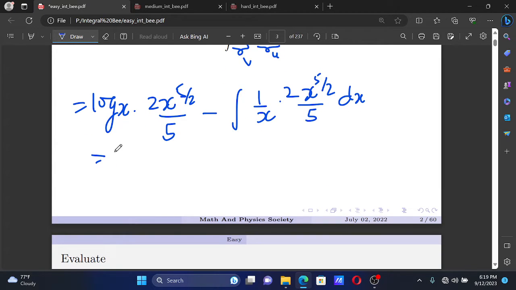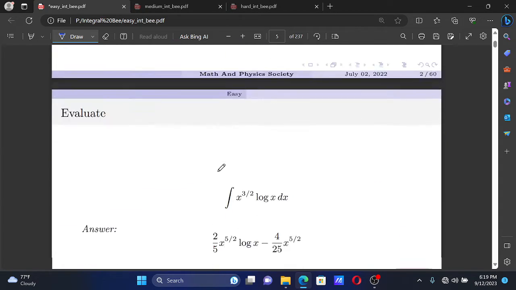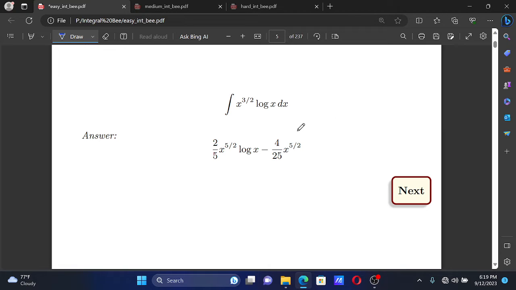Now after this we have 2/5 log x times x to the power 5/2, minus 2/5 times the integral of x to the power 3/2, so that's again x to the power 5/2 by 5/2, plus c. So that's the answer: 2/5 x to the power 5/2 log x, minus 4/25 x to the power 5/2, plus c.